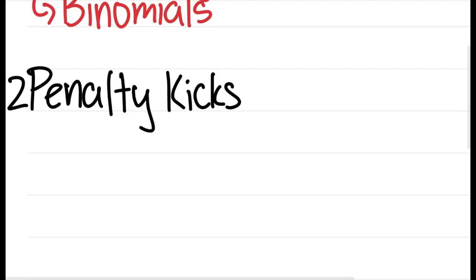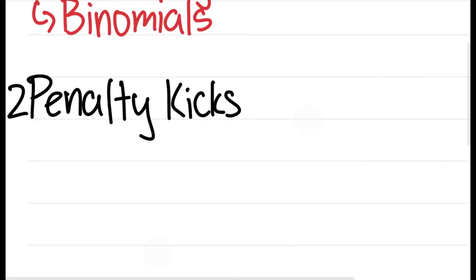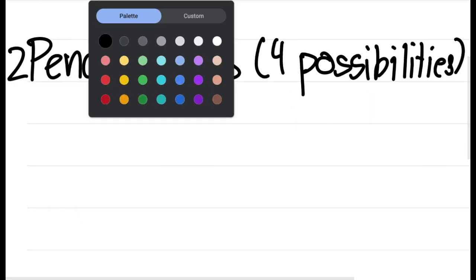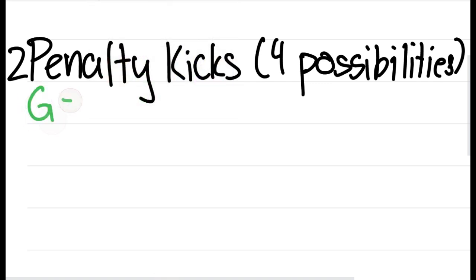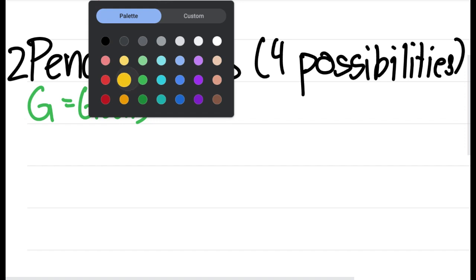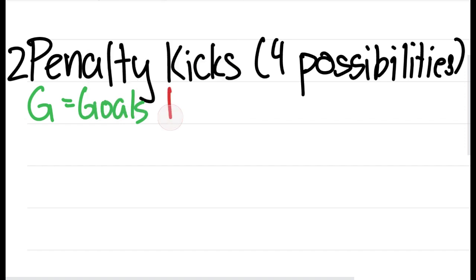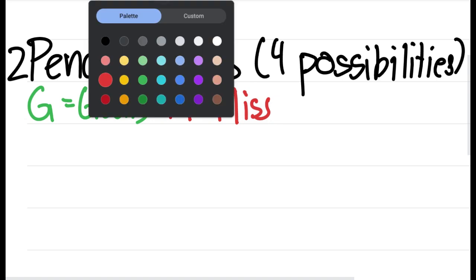Time's up. Okay. So the chances are actually four possibilities. Let's write in different colors, okay? When I write G, this equals the goals that I'm able to make. And when I write M, this equals the miss that the player can make.